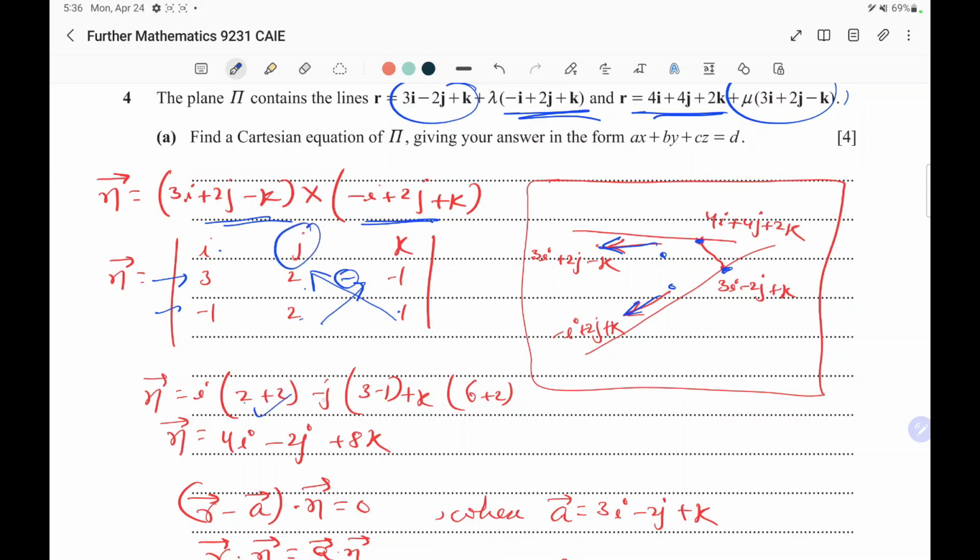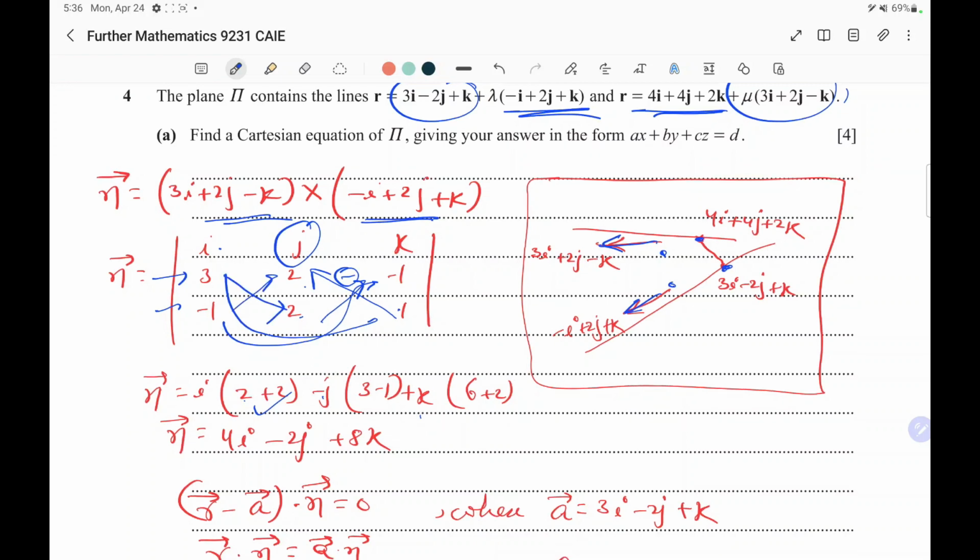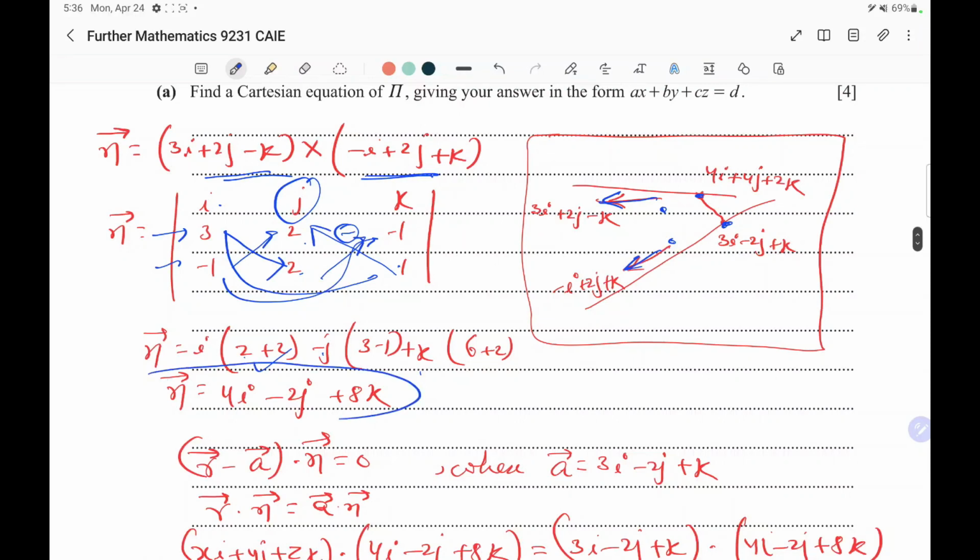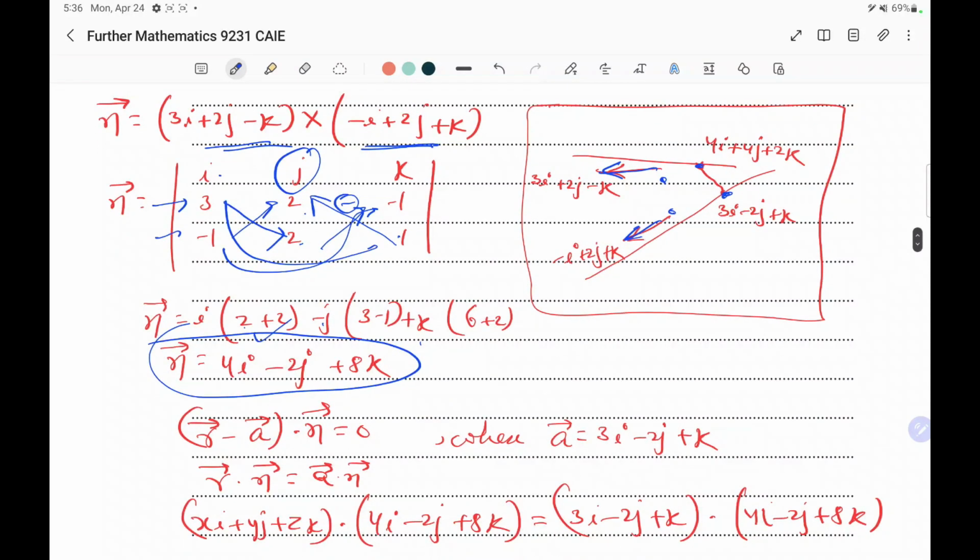Then this j will be written as minus j, and then 3 times 1 and minus 1 times minus 1 with negative sign, so you will get 3 minus 1. Then write k, and then you have to write 3 times 2 and minus of minus 1 times 2. So you got n, which is 4i minus 2j plus 8k.